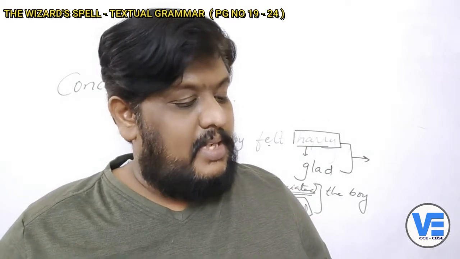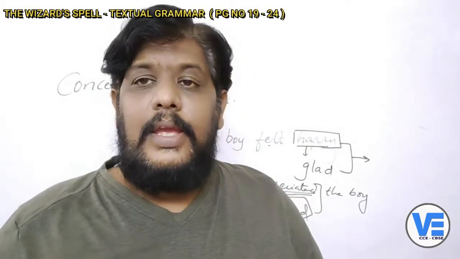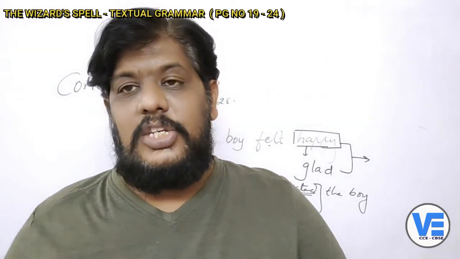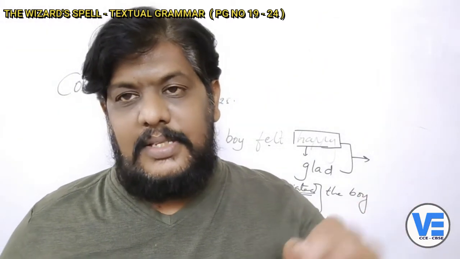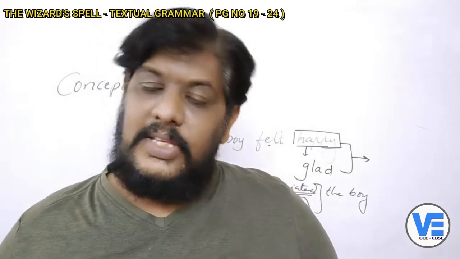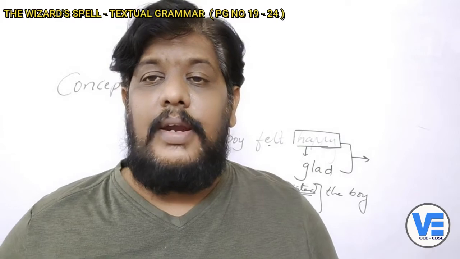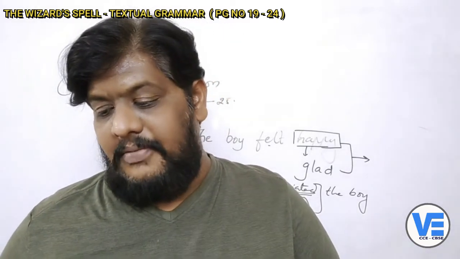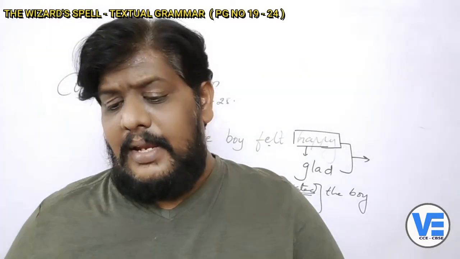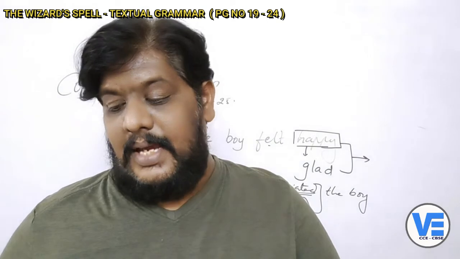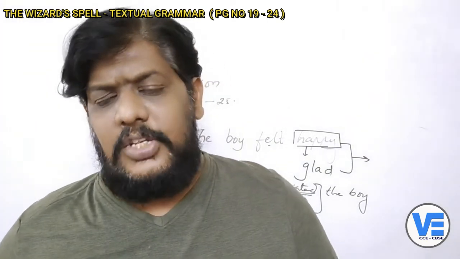If you come to page number 10, here you can see in the second line, Alisha protested. Protested is a verb. Can you write a synonym for this? Yes, you can write the word opposed in place of that. In the next line, they were all drawn towards the absurdly designed. Absurdly, in the sense, you can say foolishly.